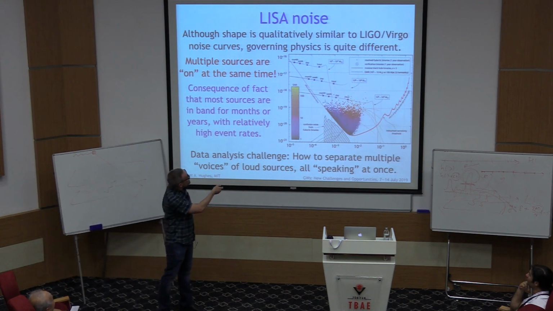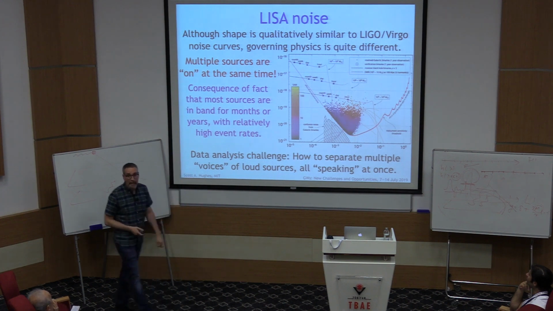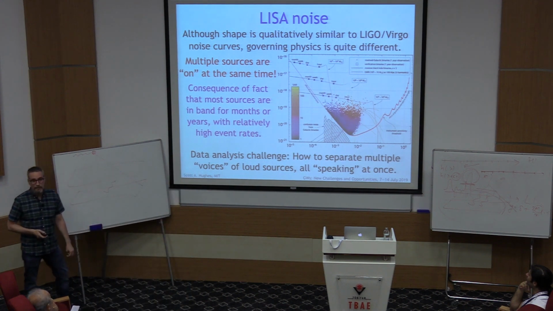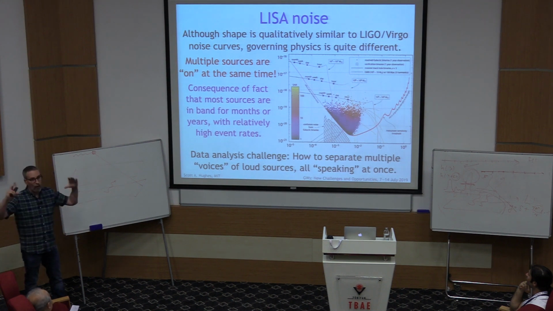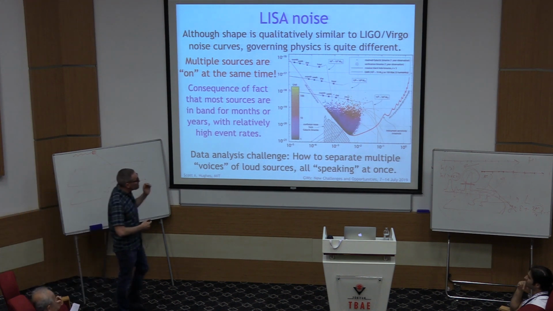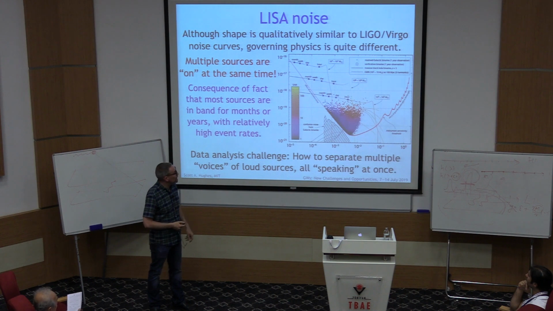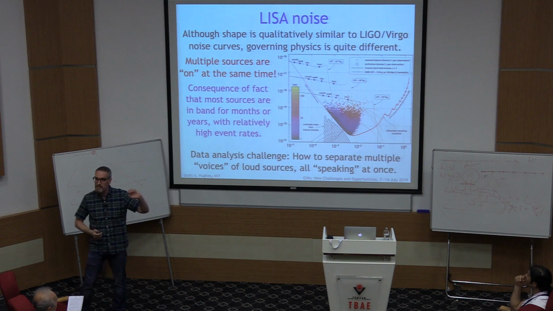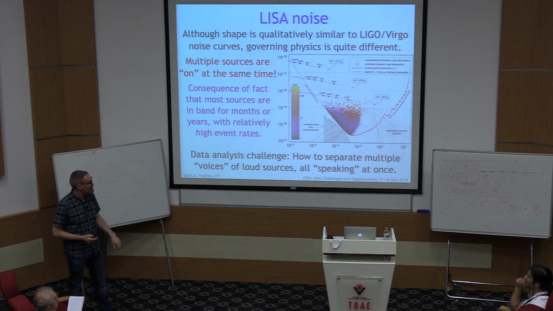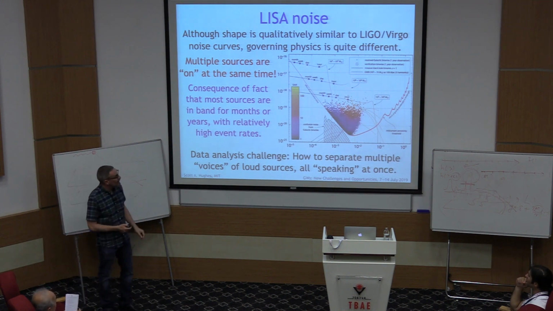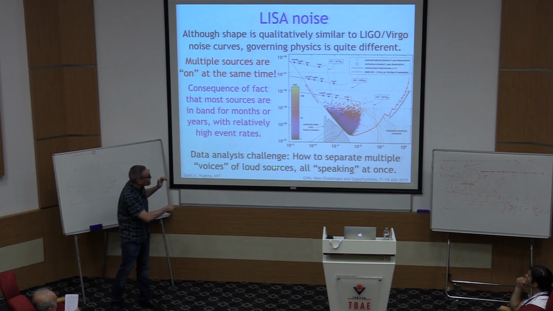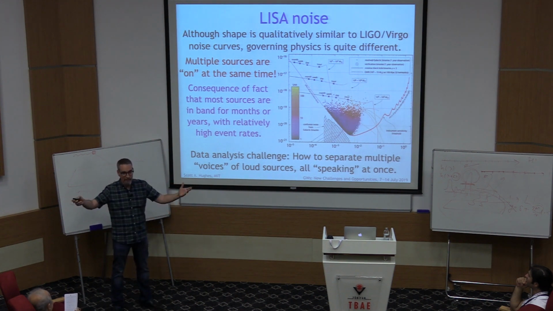The sources for LISA are expected to last for months to years and happen dozens to hundreds of times per year. That tells you that there will actually be multiple sources on at the exact same time. So there's a very different data analysis challenge that people are just now really facing up to. Well, just now is a bit of an overstatement; for the past several years, people have been facing up to how to deal with the fact that you're going to have multiple very loud sources all speaking at the same time.